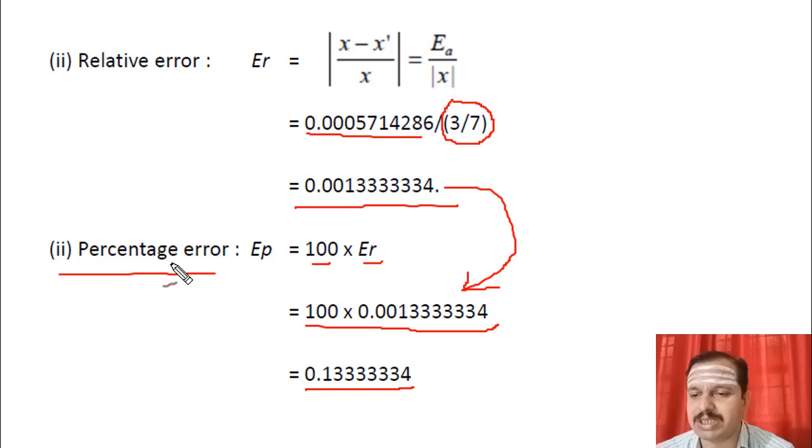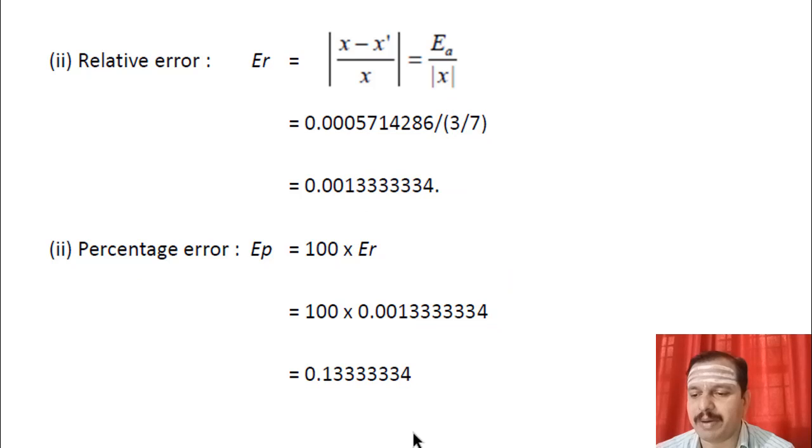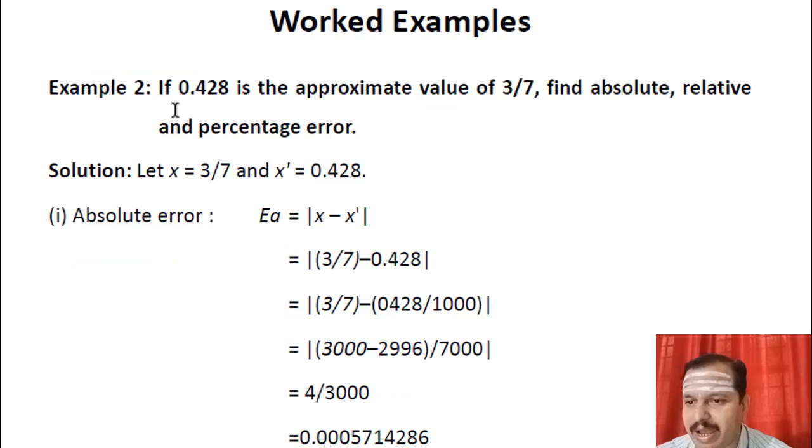So this is the required percentage error. In this way we have computed the absolute error, relative error, and the percentage error of the number x, where x is 3 by 7, when it is approximated as 0.428.